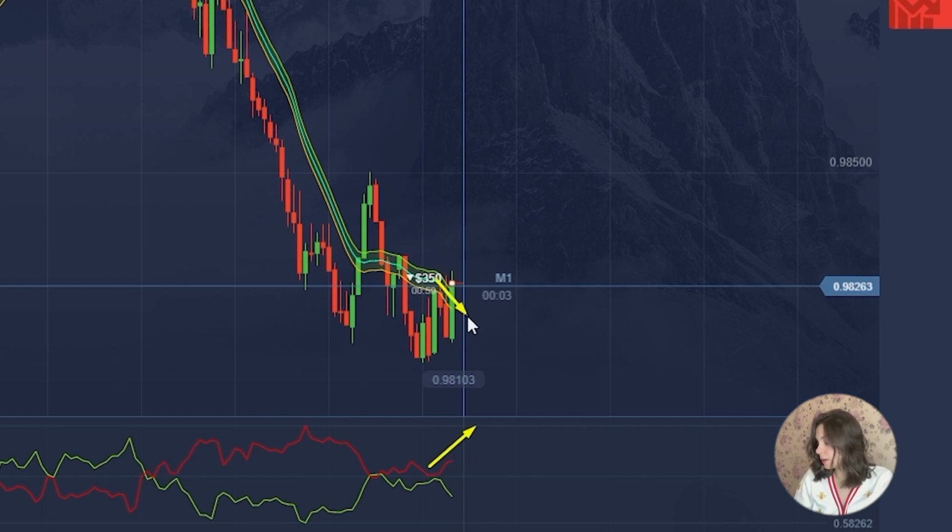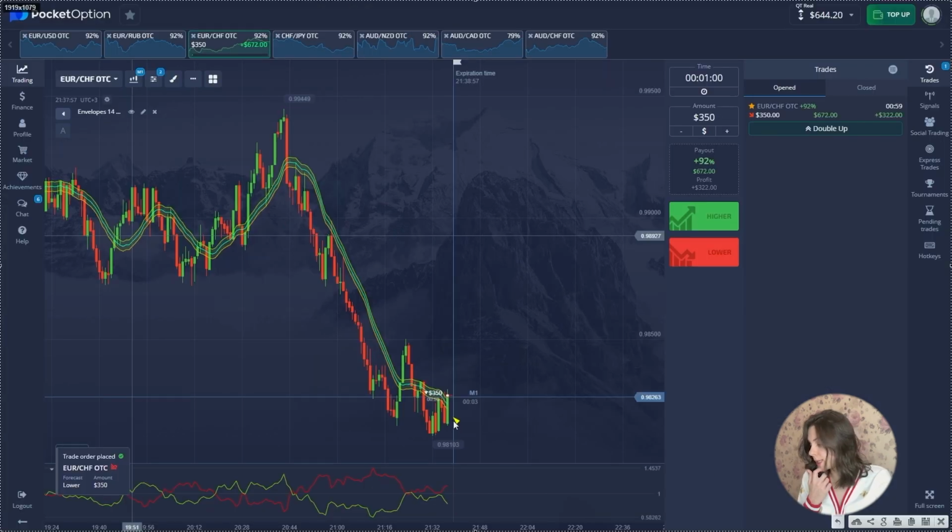But according to technical analysis, we see that growth is now taking place, and we opened the deal for a decrease, firstly because of the indicators, and secondly because after such drastic changes we have rollbacks and reversals, which is the main reason for opening this deal for a decrease. Let's watch the chart.